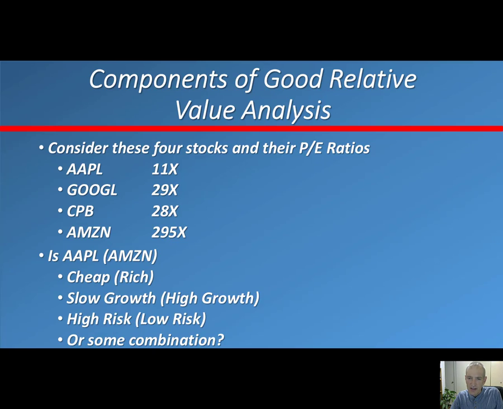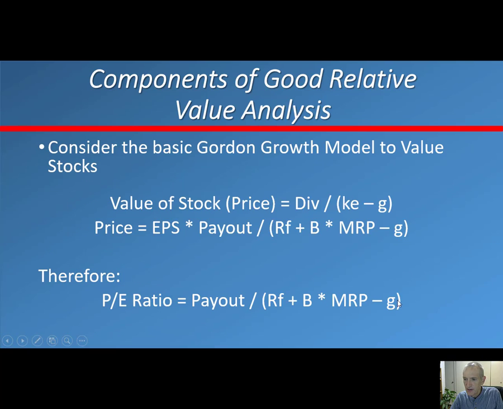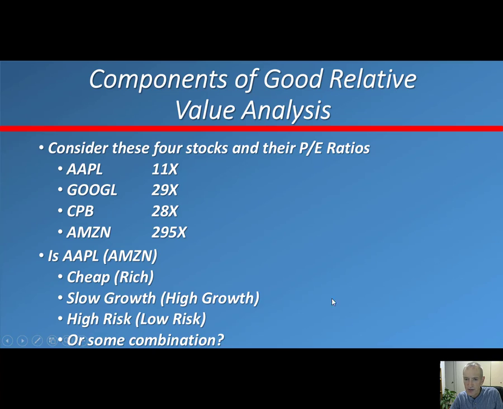So what is that telling us? Well, it could tell us that Apple's really cheap, which I think was the case. Remember the formula, if you go back to this formula, why are PE ratios low? We're talking about Apple in particular, so remember we're going to ignore the risk-free rate and the market risk premium because that applies to all stocks. But it could be that Apple's high risk, so they have a high beta, or they have low growth, so one of those could be it. Or it could just be a cheap stock.